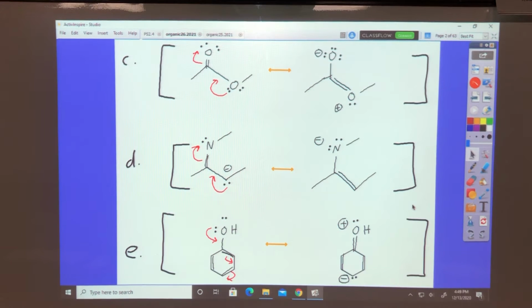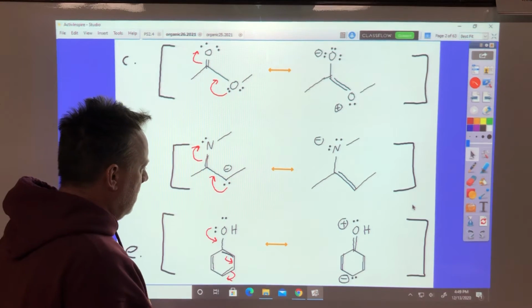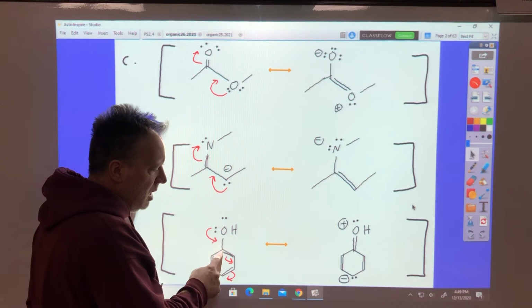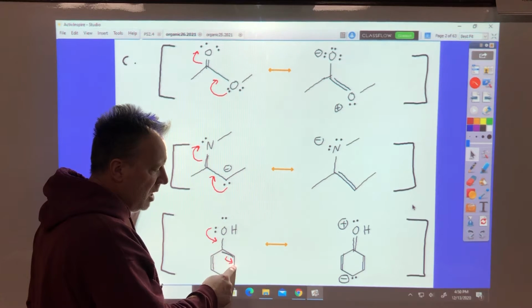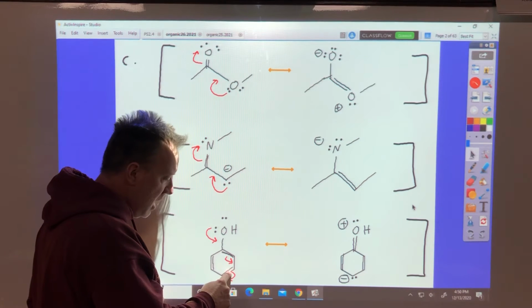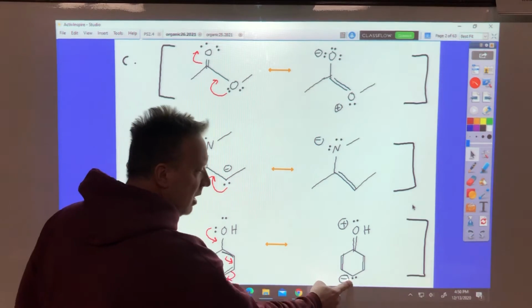Okay, it looks like a phenol. Okay, if I make this double bond jump into there, or this lone pair jump in there and make a double bond, I've got too many electron or bonds on this carbon, so I'd have to have electrons jump out of this double bond and form a double bond here. But then I have too many bonds on this carbon. I'd have to have one of the bonds come apart and the electrons, the lone pair, jump out of there as such.